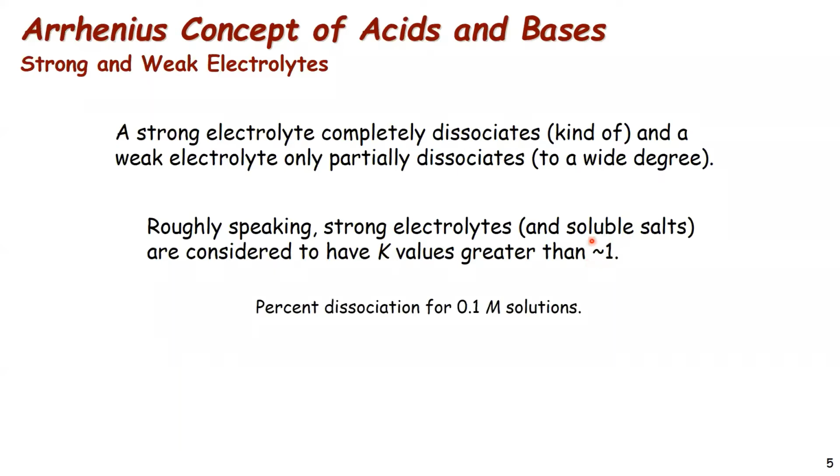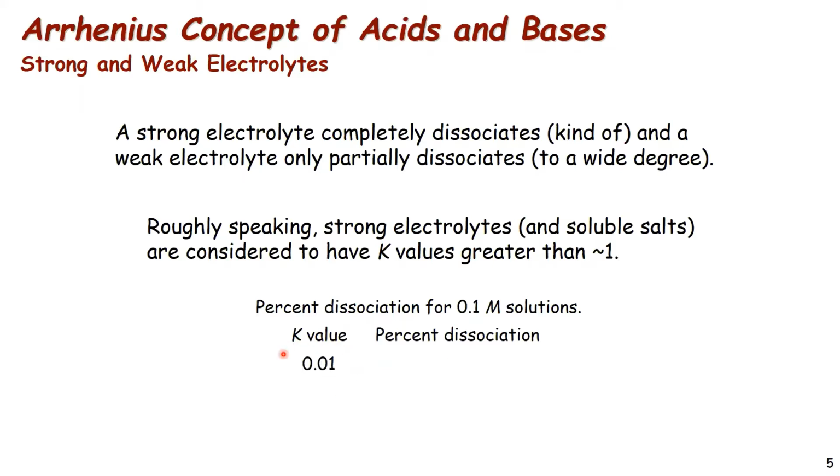So just to give you an idea of why we say that, let's talk about the percent dissociation for a 0.1 molar solution of any of these soluble salts, okay? Basically, for an equilibrium constant value, a K value, here is the percent dissociation.